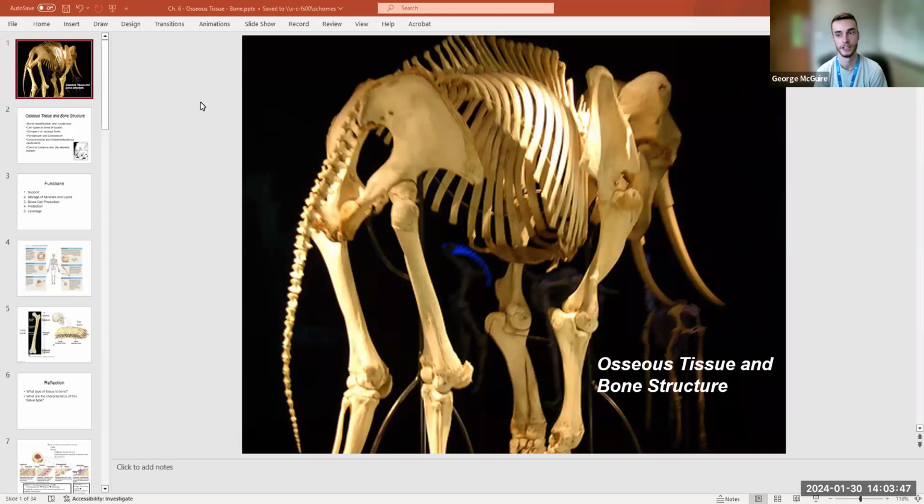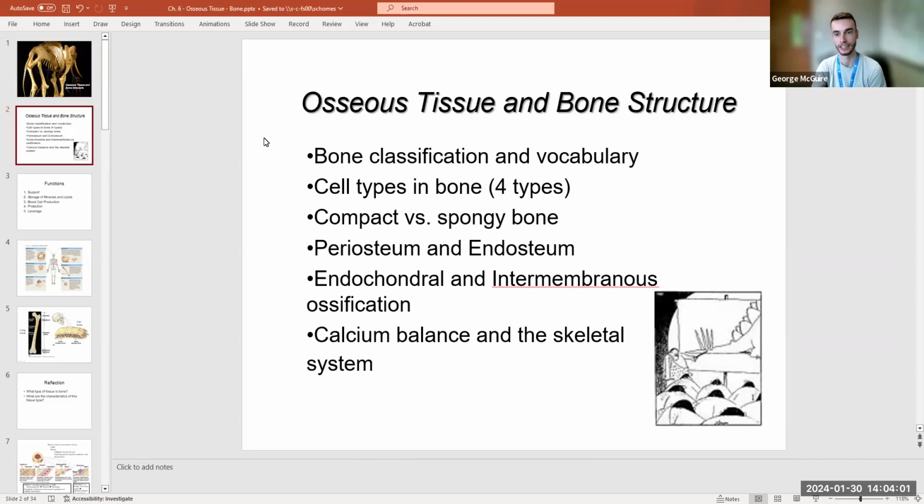All righty. Well, cool. Well, then let's talk about osseous tissue and bone structure. Right? So again, this isn't so much the naming of bones like what we've been doing in lab, but really looking at the internal composition of these bones and how they're formed and what they do for the body. So we're going to be looking at bone classification, a lot of the vocabulary that comes with the different cell types in osseous tissue and the different structures of our matrix.